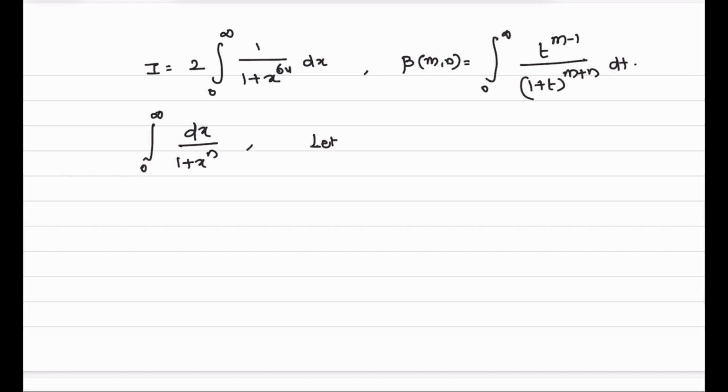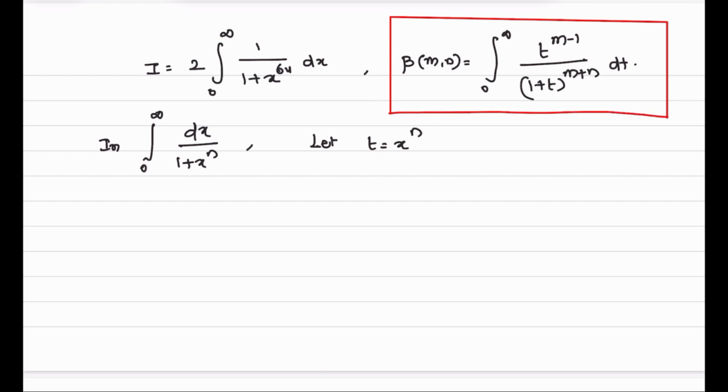Let us try to apply our algebra and calculus. Let t is equal to x to the power of n. This t is different, don't get confused with that t. This is only for the sake of your convenience I have written this.